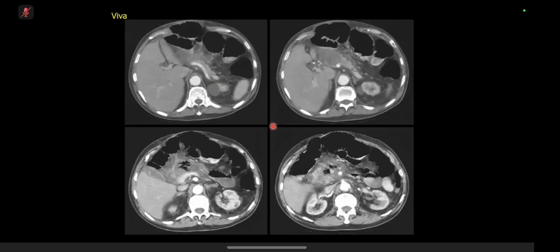Yes. Okay, so I can see air foci in the region of pancreatic head, which is also hypoattenuating in comparison to the rest of pancreas. So this is acute infection in the context of necrotizing pancreatitis.